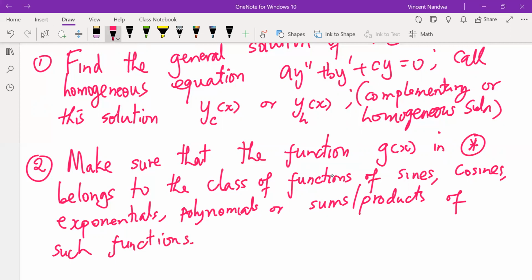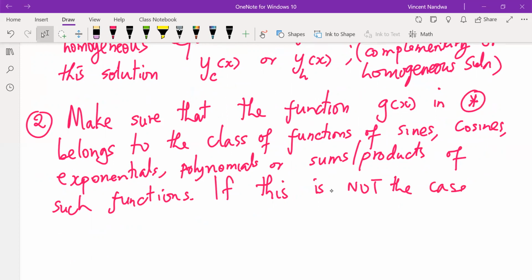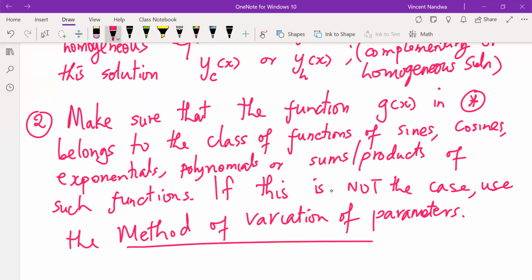So g of x will be in any of these classes of functions. If not, use the method of variation of parameters. So when g of x is not in any of this group of functions, then the most suitable method to solve that non-homogeneous equation will be the method of variation of parameters.